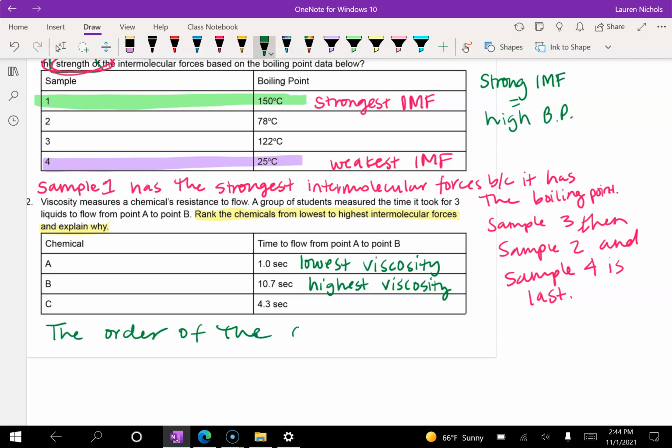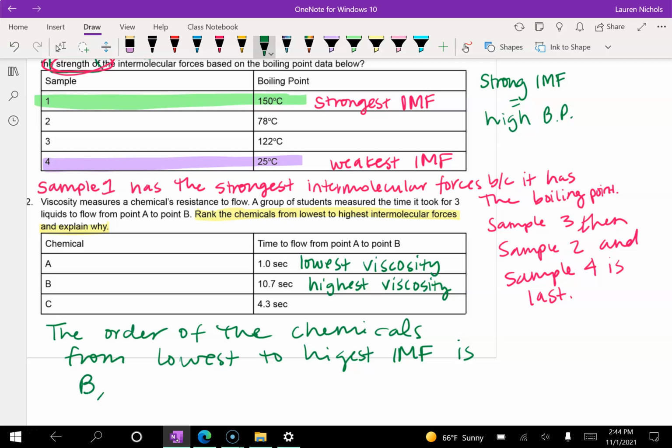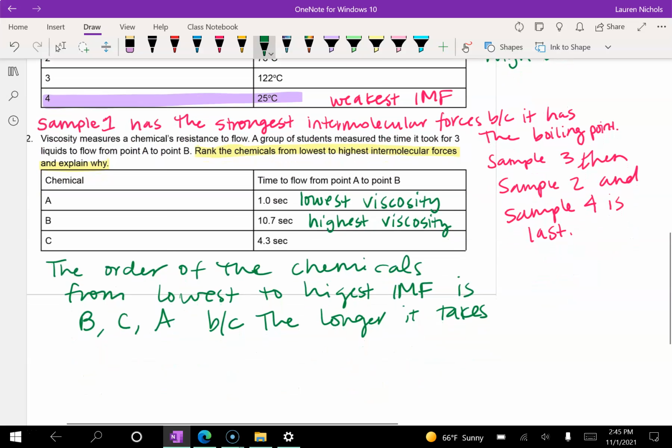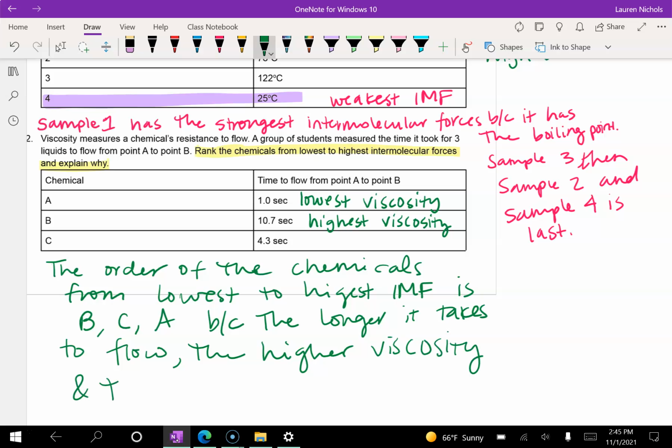And so this tells us that the order of the chemicals from lowest to highest intermolecular forces is B, C, A, because the longer it takes to flow, the higher the viscosity, and the stronger the forces.